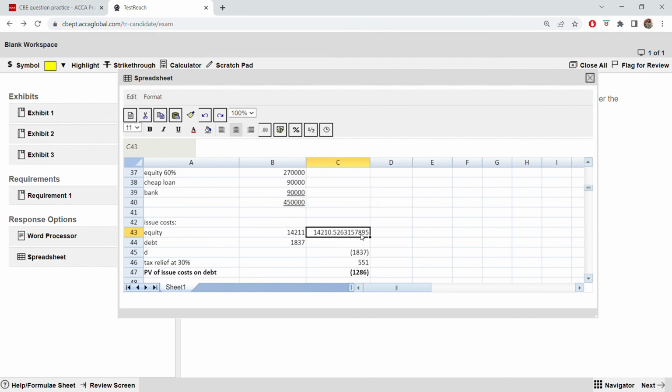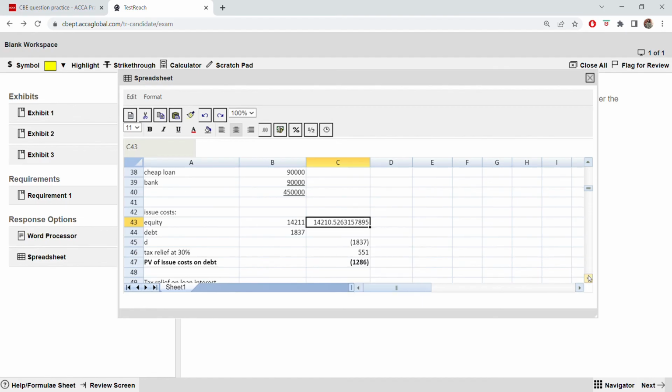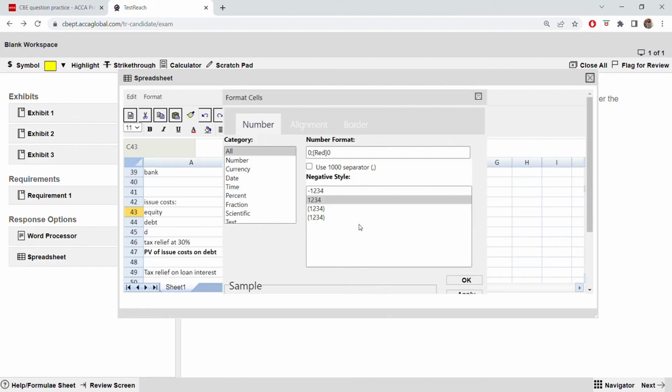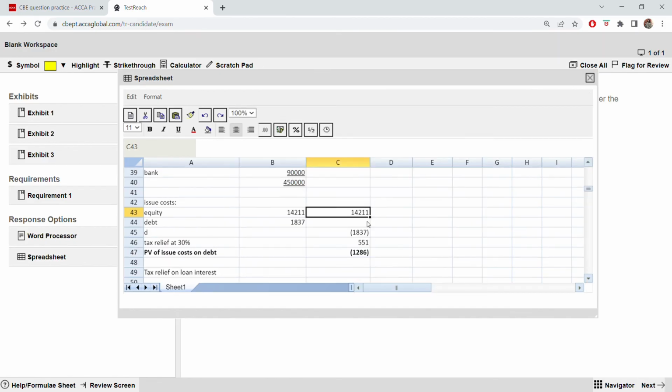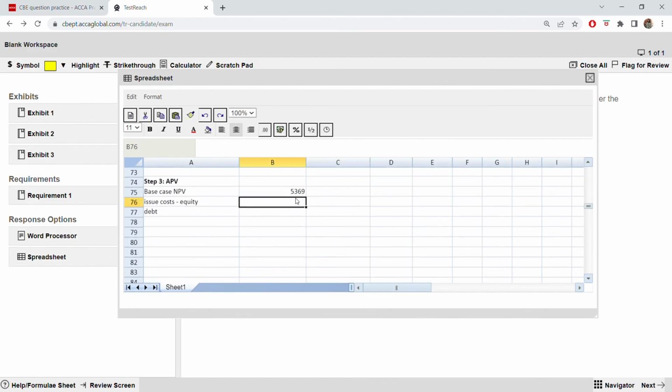Just the value. Copy. You can even add a minus to it. The moment you put minus, it becomes a negative. It will show it in negative.